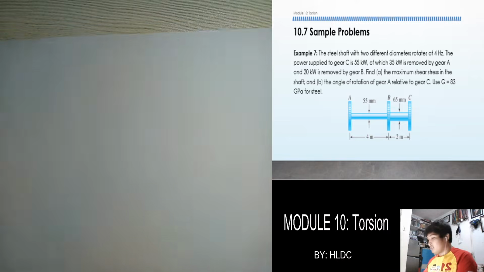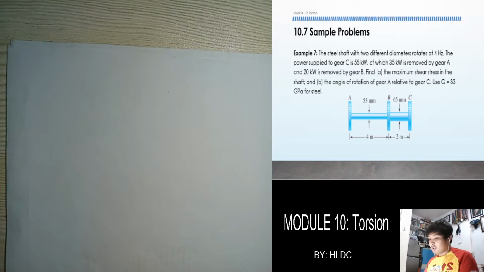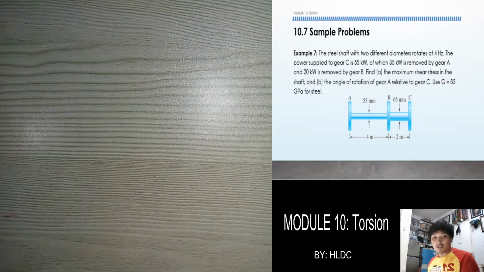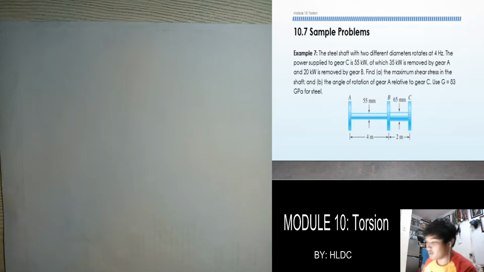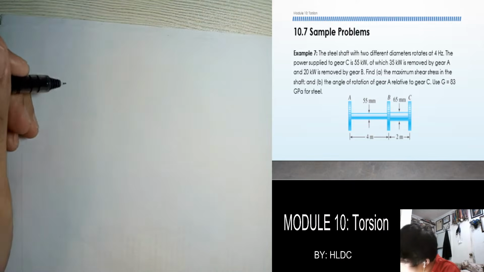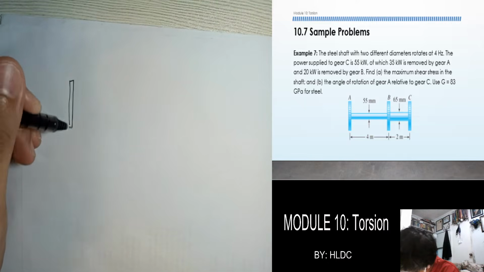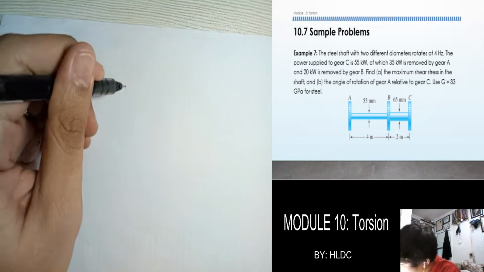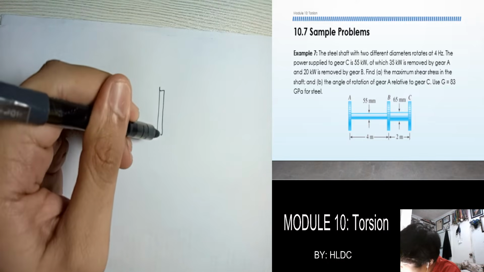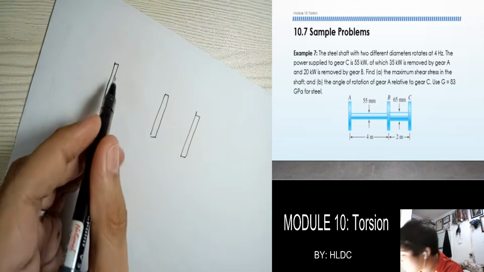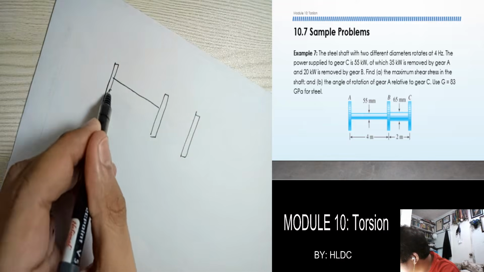Okay, so ganun ulit, no? Instead na ibigay yung directly yung torque, so binigay, class, yung power transmitted. So, ko-convert lang ulit naman natin siya. So, let's say, ito yun. Yung gear A, yung gear B, and then gear C. Tapos, magkaiba ng diameter, no? Dito, 55 lang.